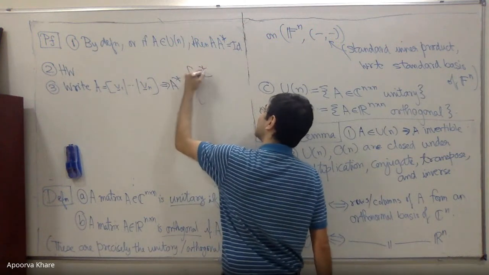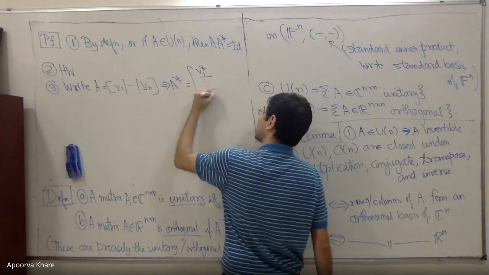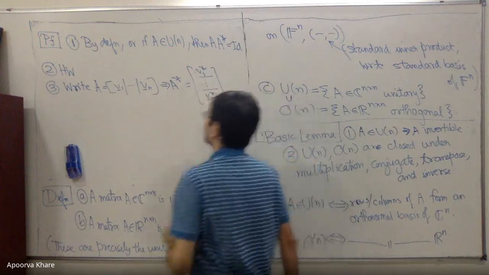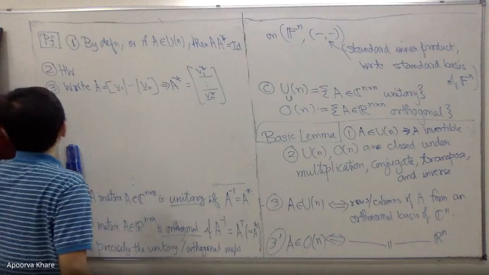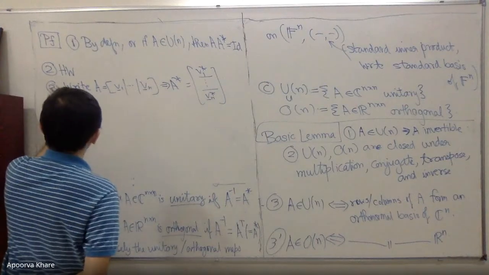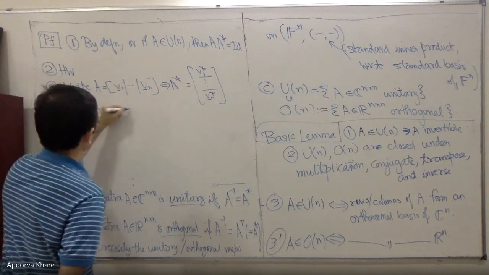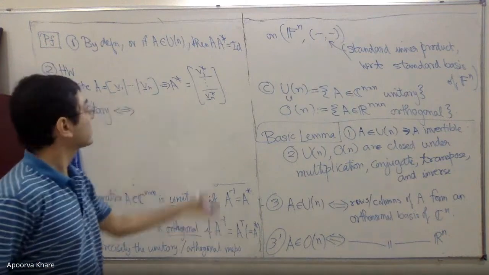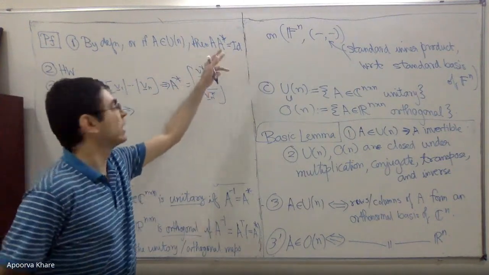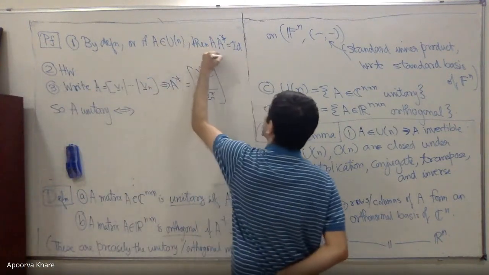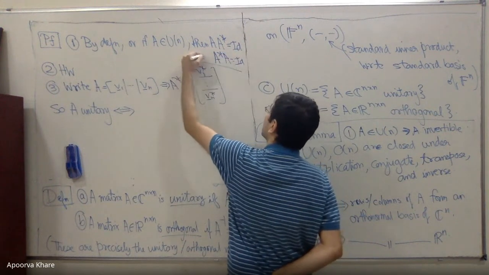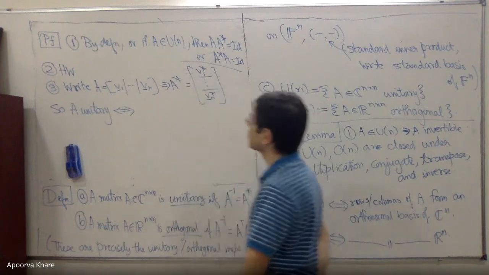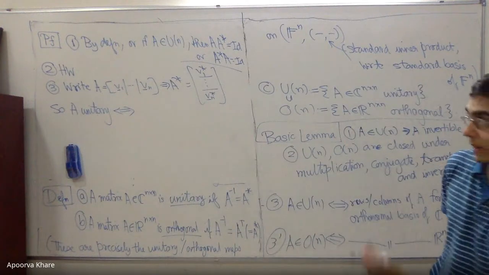V1 star, Vn star. Okay, let me look at A star times A. Now A is unitary, so I can do A star times A or A times A star, and from that you can derive it. So A star times A is identity. I'll take that one instead.